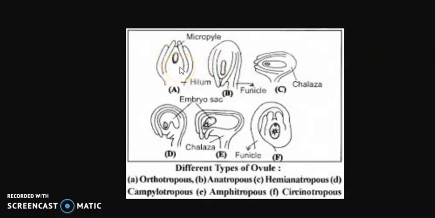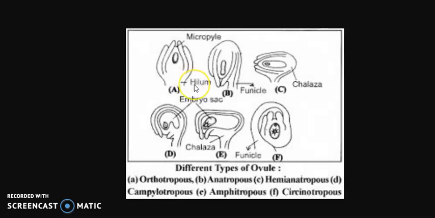So 90% of angiosperms have the anatropous kind of ovule, the kind drawn as figure B in your NCERT textbook, in which the ovule is bent completely to the opposite side, you can say. And the orthotropous, which is this one, is the upright ovule. Similarly, you have other types: the hemianatropous, campylotropous, amphitropous, circinotropous.